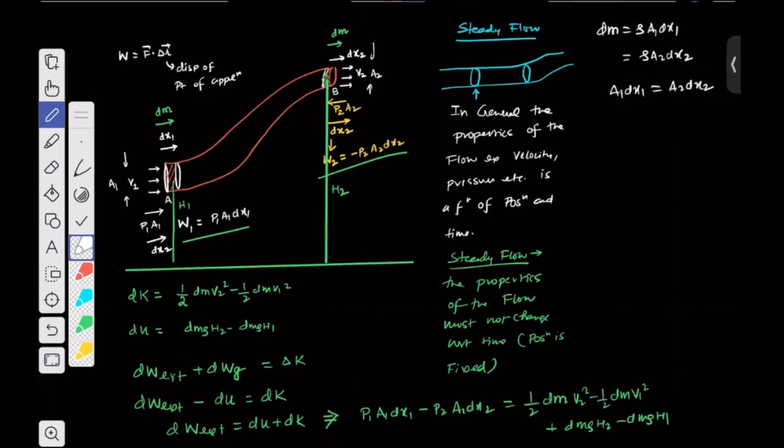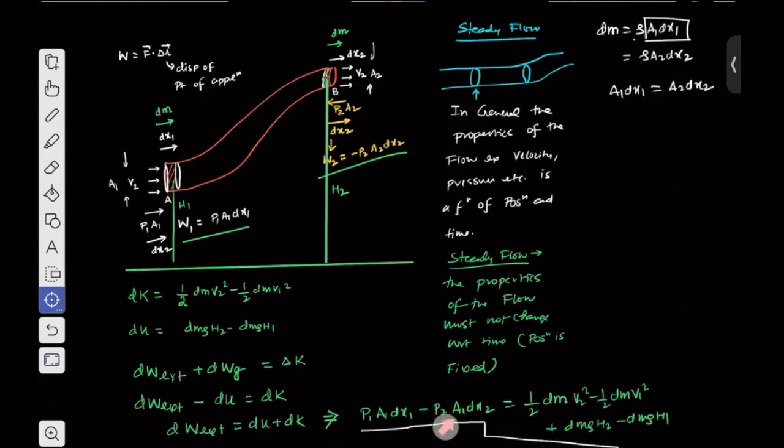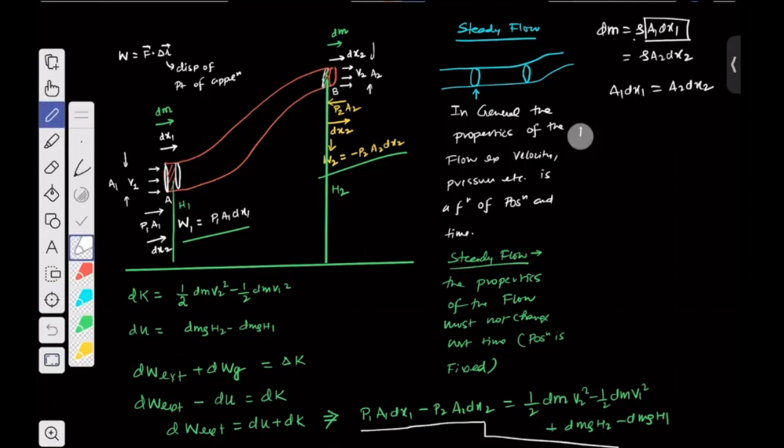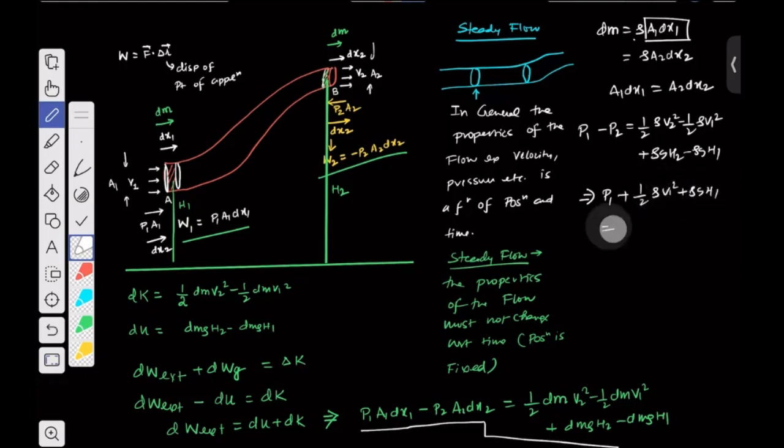So if I divide this entire expression throughout by A1 dx1 or A2 dx2, since both are the same, and replace dm with rho A1 dx1 or rho A2 dx2, what you are going to find is P1 minus P2 equals half rho v2 square minus half rho v1 square plus rho gh2 minus rho gh1, and simplifying it, it will become P1 plus half rho v1 square plus rho gh1 equals P2 plus half rho v2 square plus rho gh2.